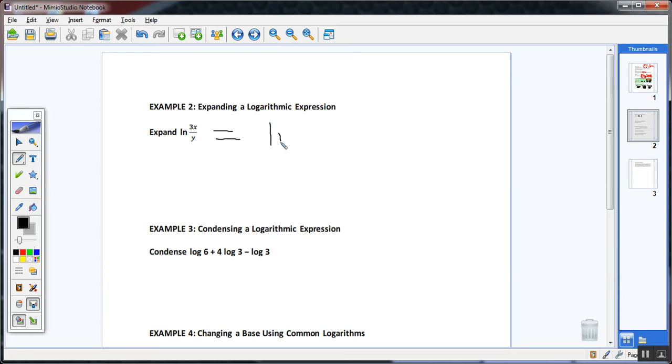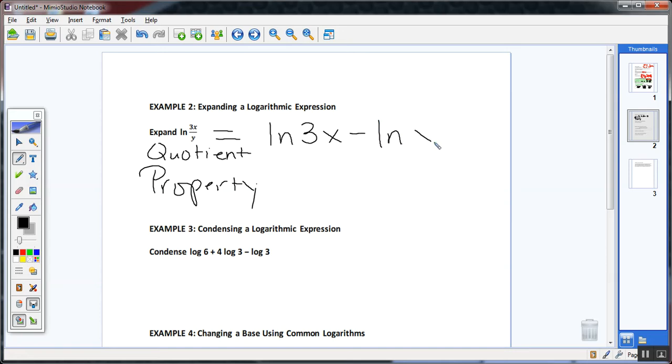Okay, so this is going to become a natural log of 3x. You said it's a quotient, right? So use your quotient property. So you're starting natural log of 3x minus natural log of y. Boom, done. Nice job.